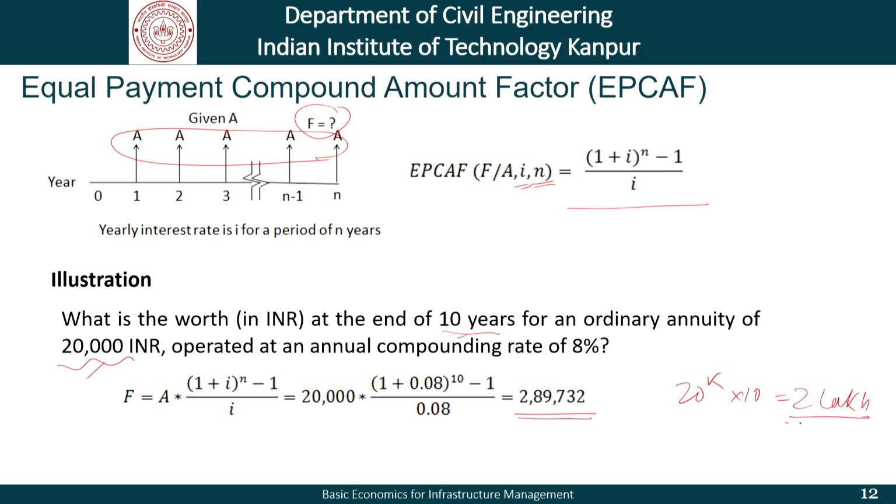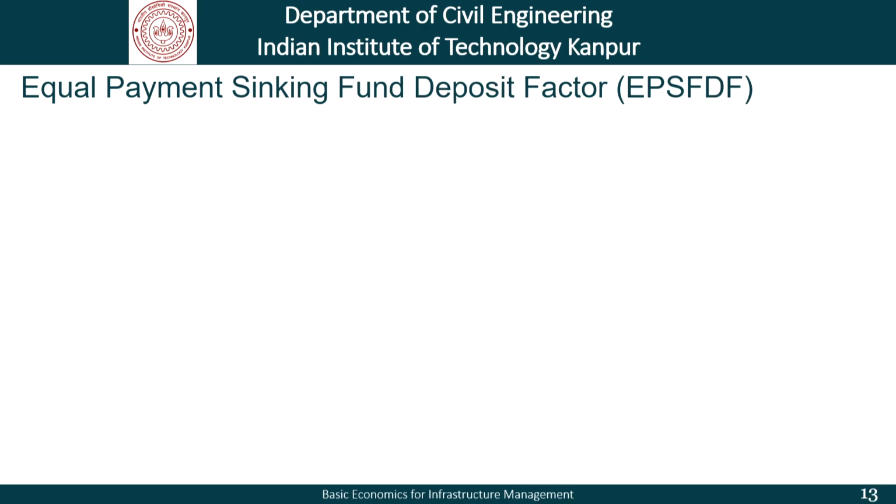Now, 2 lakhs is the total investment being made, and each of these smaller amounts will earn a certain amount of interest over varying periods of time, and then if we sum it up, we get this amount here. That is, the total interest earned on this investment is 89,732. So, that is how we look at the equal payment compound amount factor.